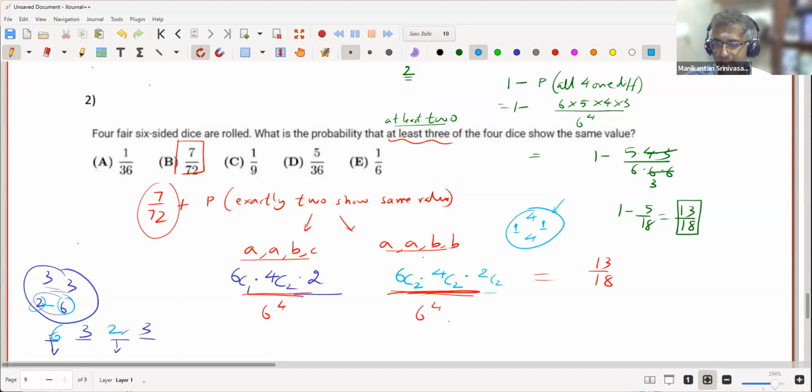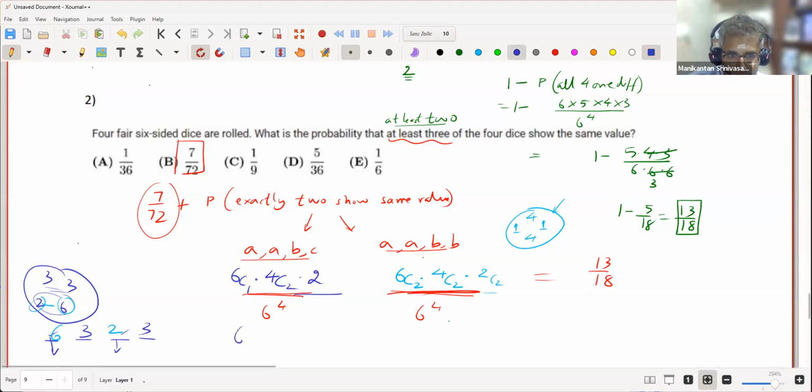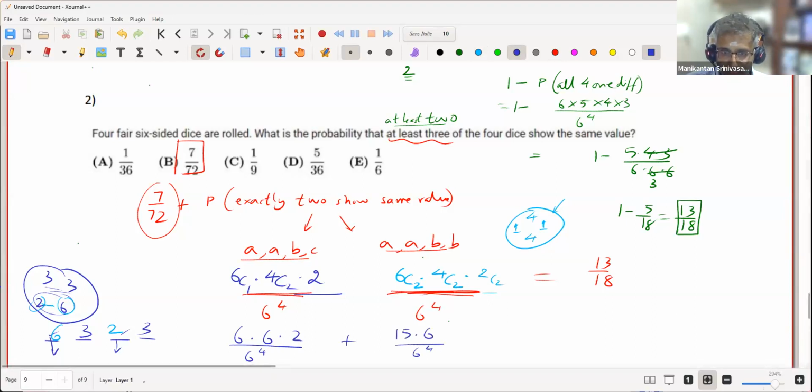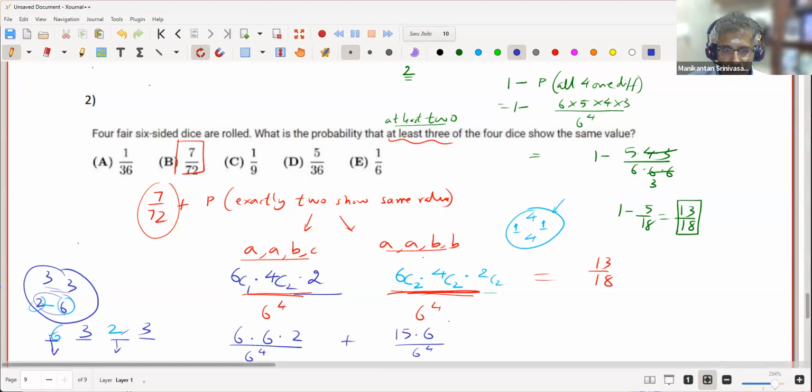And let's see whether this adds up. Okay, so 6 choose 2, this is 6 into 2 by 6 power 4. And then this is 6 choose 2, 6 into 5 by 2, which is 15, into 6 by 6 power 4 again. Okay, so let's simplify this.